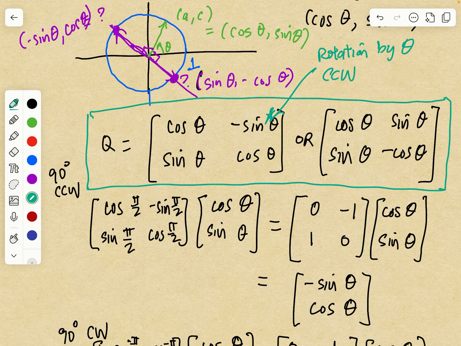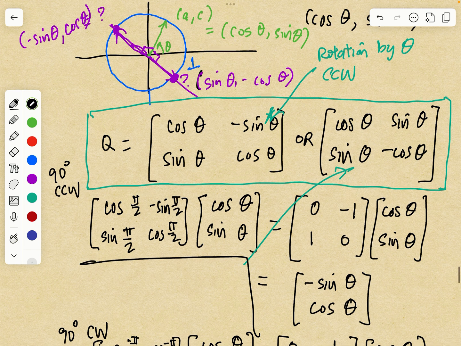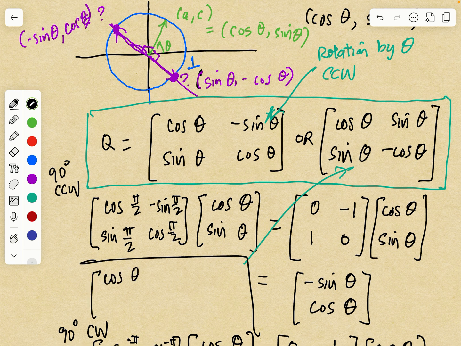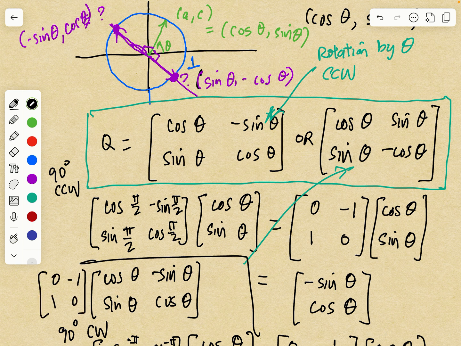Now this second matrix, let's see, I think I can write that as cosine theta, sine theta, negative sine theta, cosine theta times, it's like 0, 1, negative 1, 0 or something. Is this right? No, this is not correct.